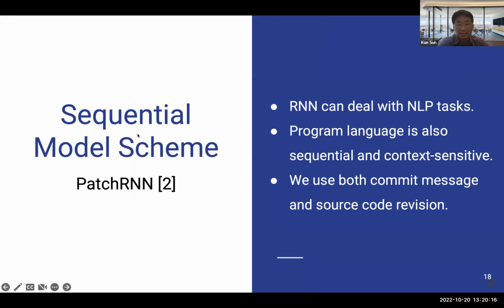We call it a sequential model scheme. We consider both the commit message and the source code revision as the input to our model, and then we build this sequential and context-sensitive model.